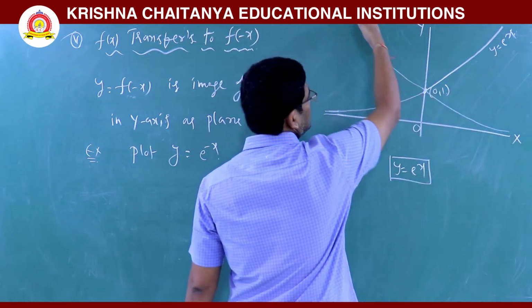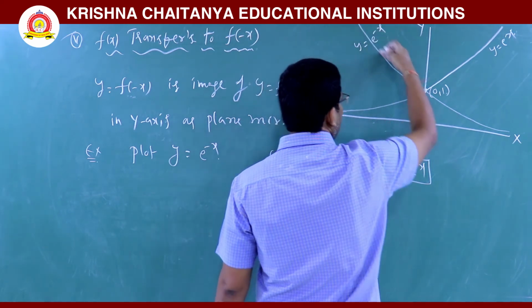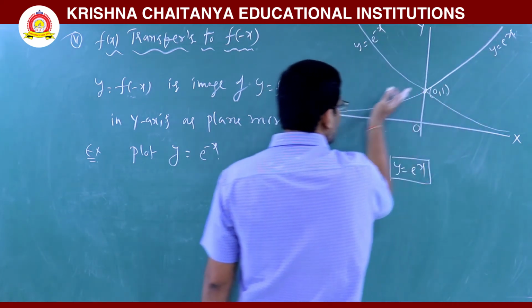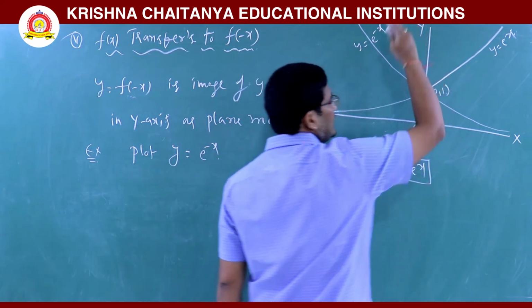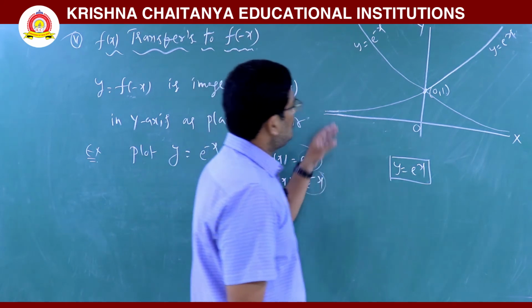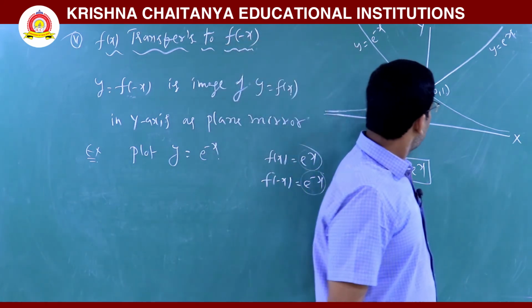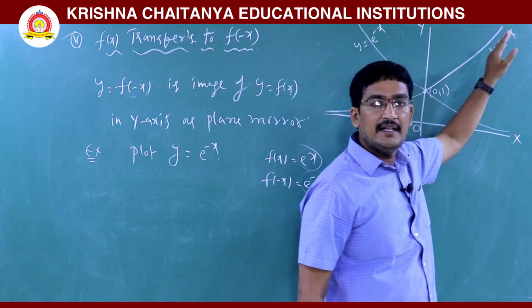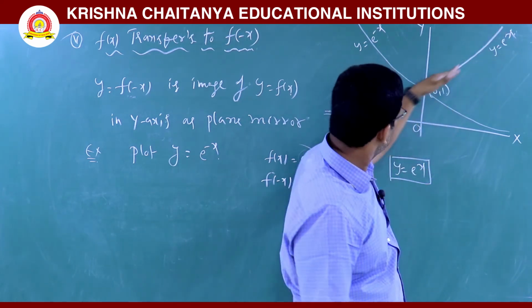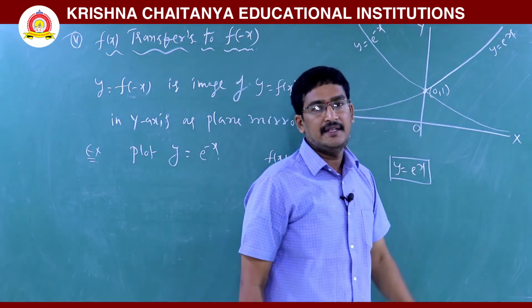This is the curve y equal to e power minus x, the image of y equal to e power x with respect to the plane mirror, the y-axis. So if you want to draw f of minus x, first you draw y equal to f of x, and then you draw the image of f of x by taking the y-axis as a plane mirror.